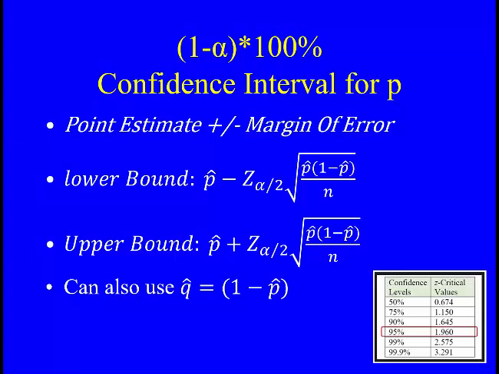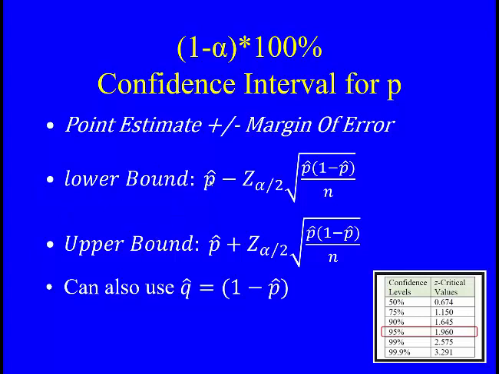This is a (1 minus alpha) times 100% confidence interval for p. You take the point estimate and you add and subtract what we call the margin of error, so you have a lower bound and an upper bound.